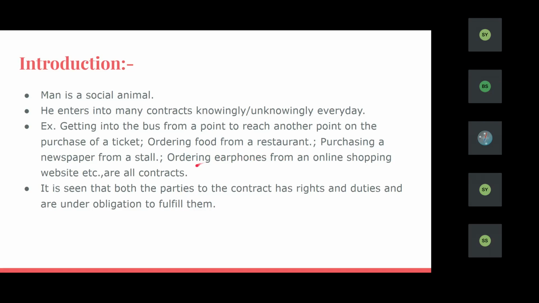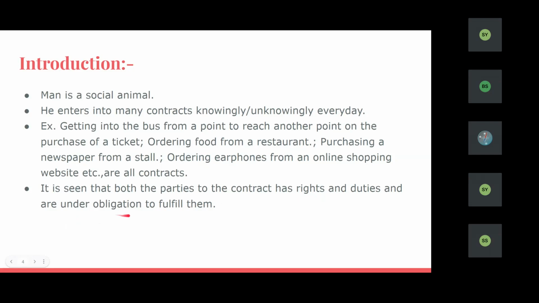Here, the person who is placing an order has rights as well as duties. In the same manner, the opposite person, that is the online shopping website, also has some rights and duties. Like his right is to charge you for the earphones which he is sending, also charge you the delivery expenses, right? So in a contract, many rights and duties can be seen.